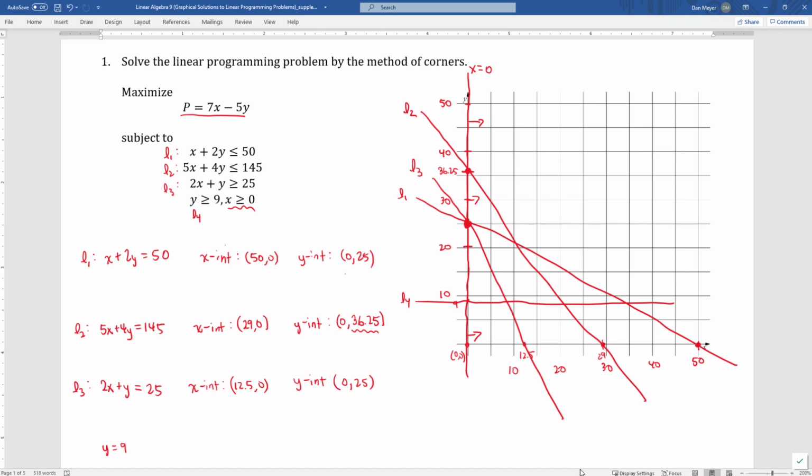For the first line, if I test the origin, all these other lines, the origin's not on the line. So if I test the origin for the first line with the inequality, we get 0 is less than or equal to 50. That's true. So for line 1, here's this line, we have to be pointing back towards the origin.